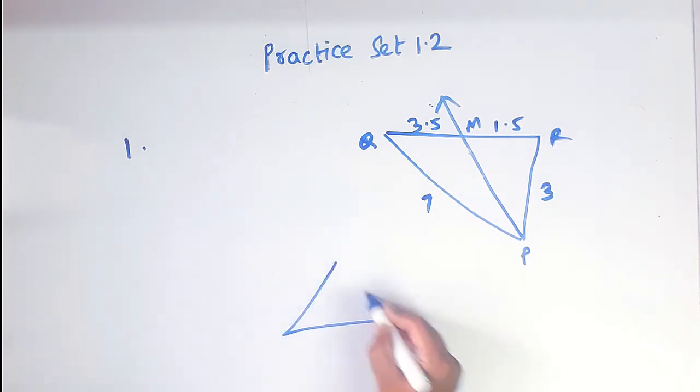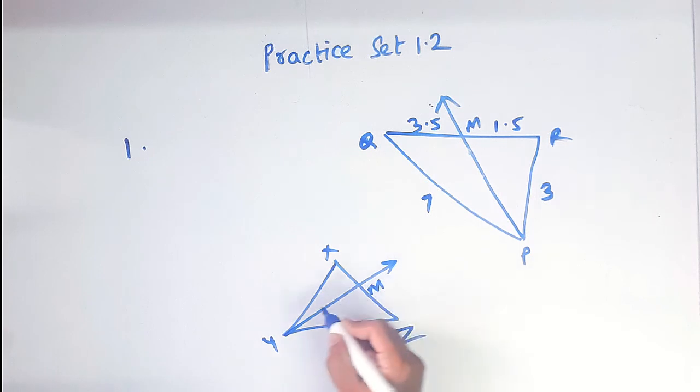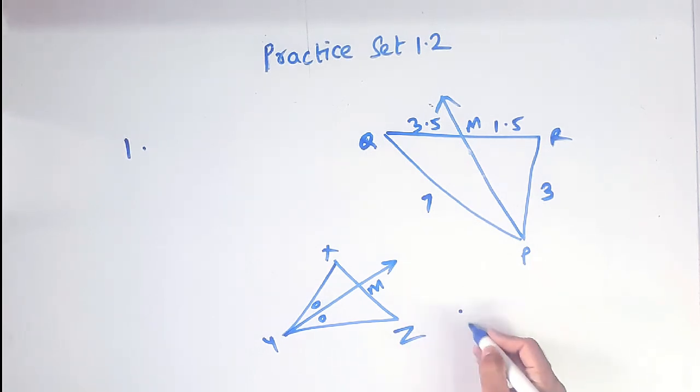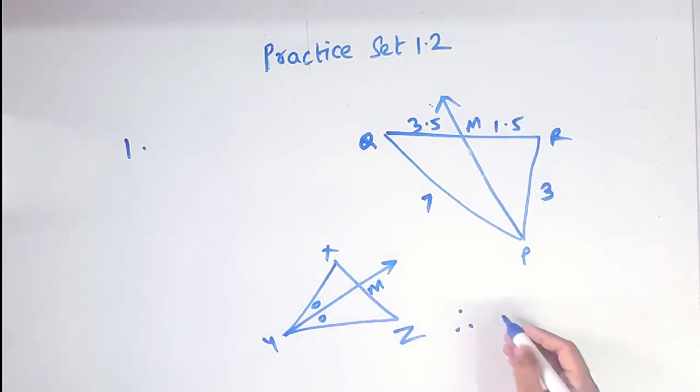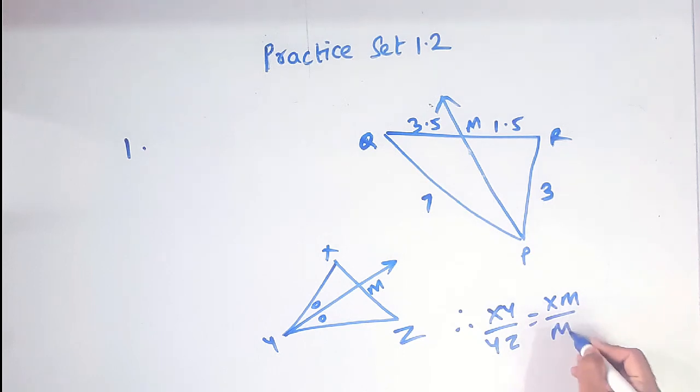If this is triangle XYZ, and YM is the angle bisector, these identical marks denote that YM is the angle bisector of angle XYZ. Therefore, because this is the angle bisector, XY upon YZ is equal to XM upon MZ.